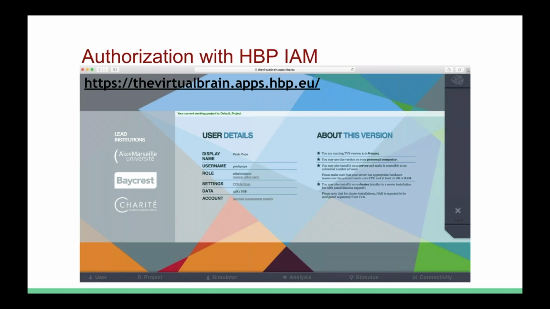The main advantage of that is that users could learn how to use TVB based on this default project and experiment with its features. And then, of course, a user could also create his own projects, but at this point, he will be responsible in terms of who has access to that data.